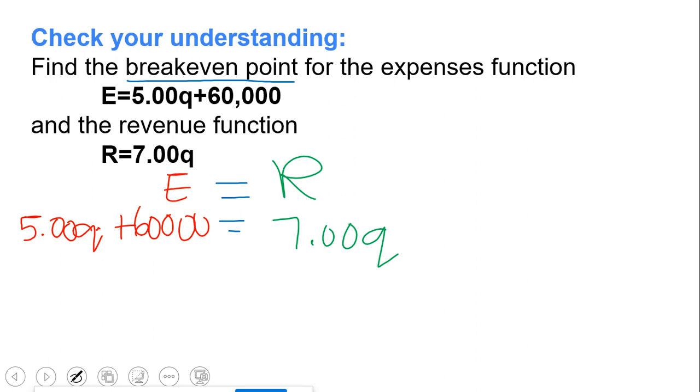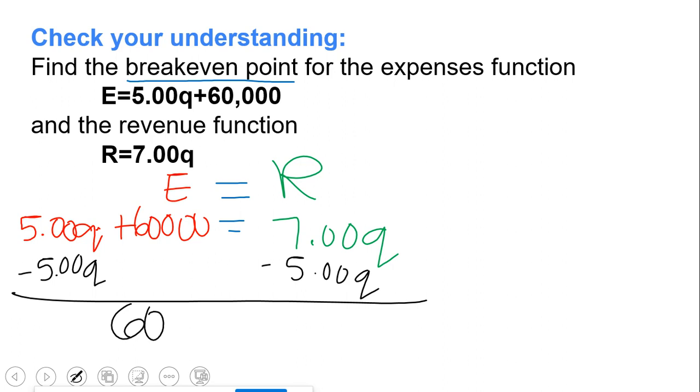And again, it's the same idea. You want to get Q alone. The one with the smallest one is 5, so it's positive 5. If I just take away 5.00Q and take away 5.00Q, then I've got 60,000 equals 2.00Q.